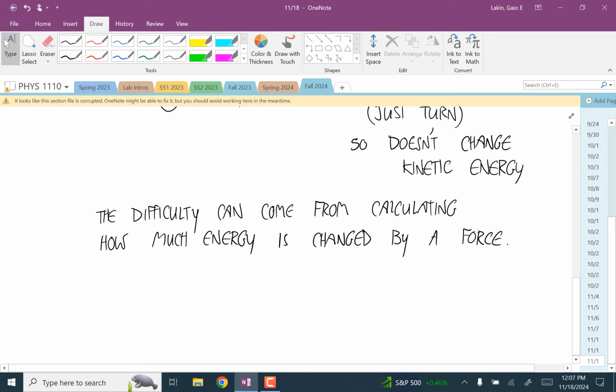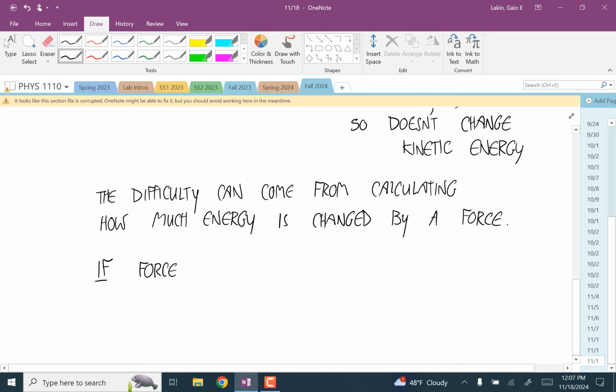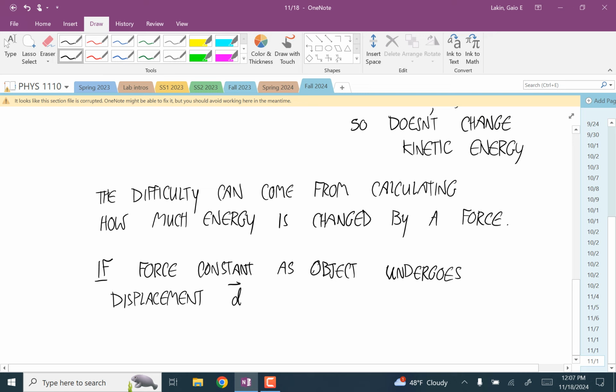One thing we talked about last time is there is a time that you can do this: if the force is constant. So if you have the same force vector acting on the object the whole time it moves through a displacement, lowercase d, then you can calculate the work.